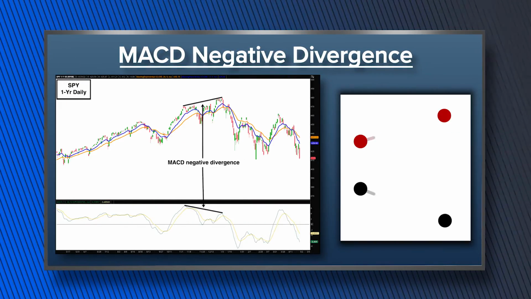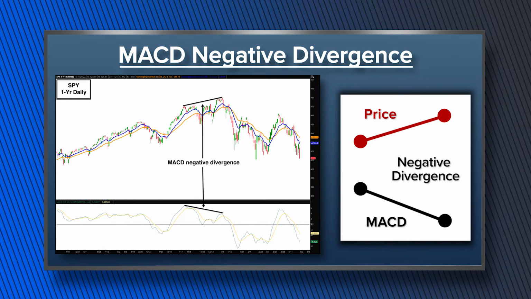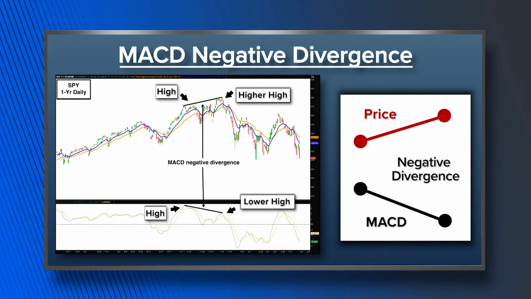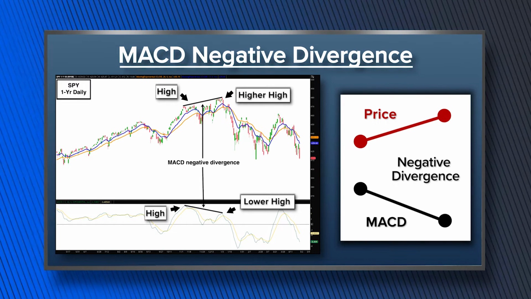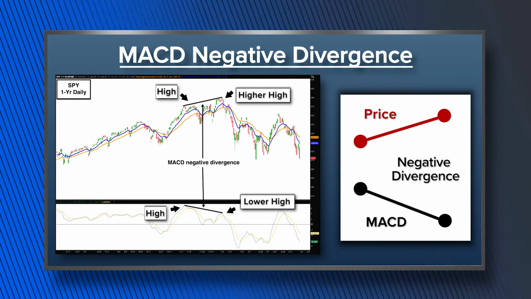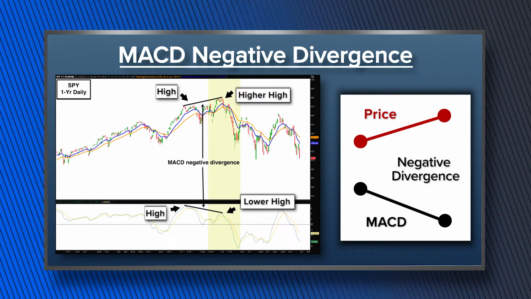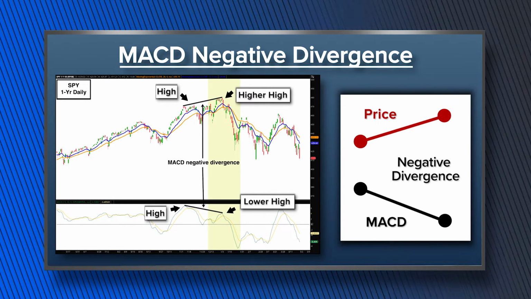So I'm going to want to see a negative divergence. A negative divergence is when the MACD is not confirming what the stock is doing. So the stock goes higher, blasts off, pulls back a little bit, causing that first MACD sell signal. You say, I don't buy it just yet. And then the stock continues even higher, but the MACD does not go higher. Stock goes higher and then reverses down.